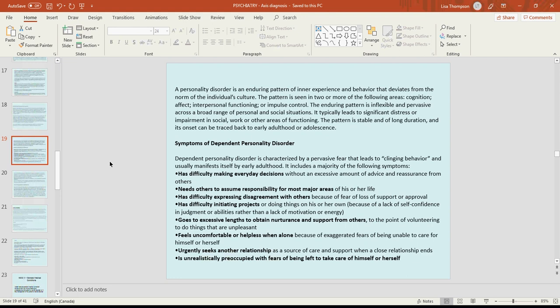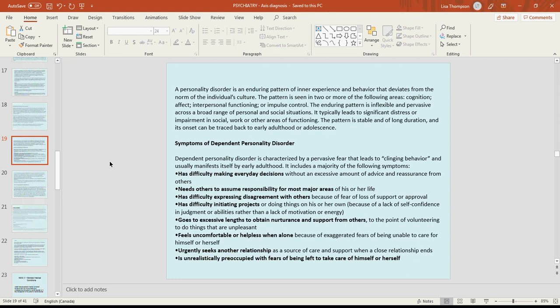The enduring pattern is inflexible and pervasive across a broad range of personal and social situations. It typically leads to significant distress or impairment in social, work, or other areas of functioning. The pattern is stable and of long duration, and its onset can be tracked back to early adulthood or adolescence.